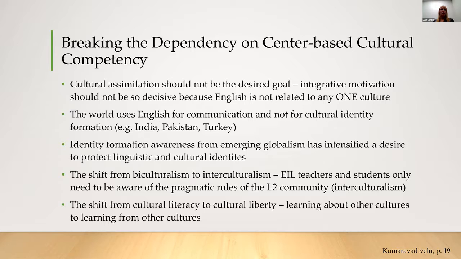We talked about that one a little bit before about protecting linguistic cultural identities. And so there's been a shift from a bicultural look to an intercultural one. So there's more give and take, more back and forth. It's not easily separated and classified. There's more of a flow that classifies this new epistemology.